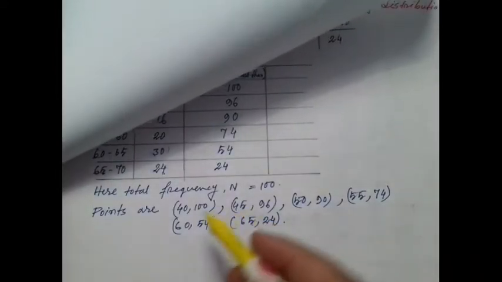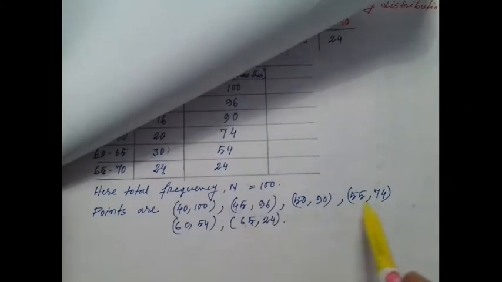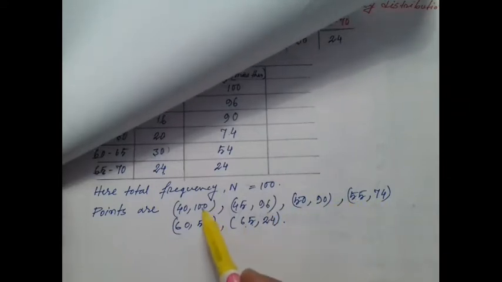Here also we will plot the class along the x-axis and the cumulative frequency more than type along the y-axis. So let's see what is the highest value for class. Class starts from 40 and the last value is 65. The highest value for cumulative frequency more than type is 100.